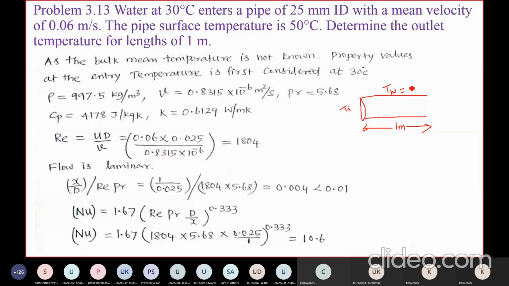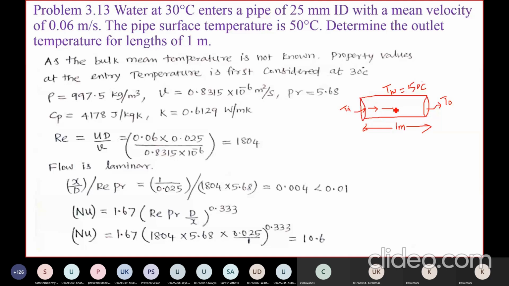Our question is to determine the outlet temperature of the fluid. This outlet temperature is To, which is right now an unknown value. Initially we have to take properties of the fluid at the bulk mean temperature. In this case, we can't find the bulk mean temperature because we know only the inlet fluid temperature, and To, the outlet fluid temperature, is unknown.